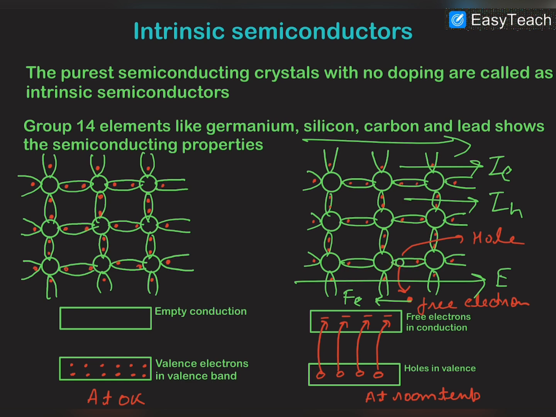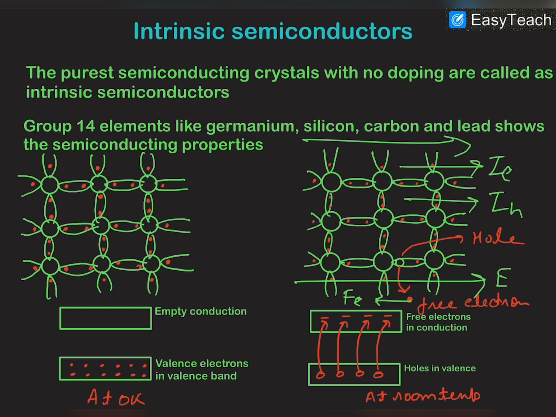Then a vacancy is created at the next position, which is filled by another electron, and so on. In this way, electrons jump from bond to bond, and the motion of these bonded electrons is represented by the holes.